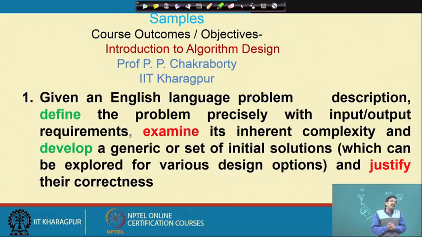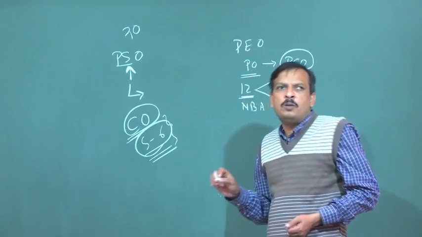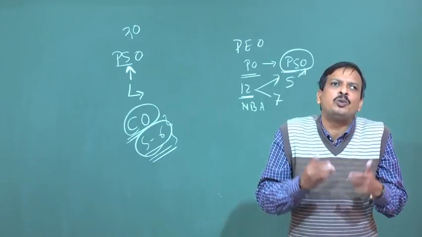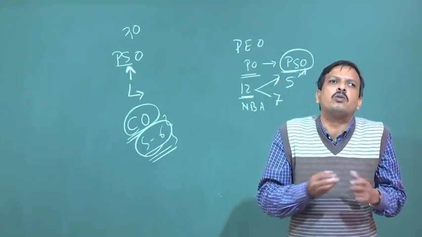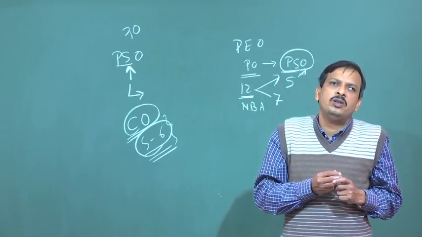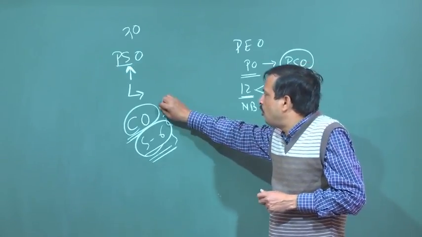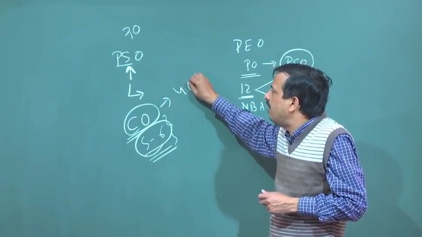So, when you are writing course outcomes, you should keep in mind 5 to 6 major takeaways by the student at the end of the course, which are achievable. Let's say the course duration consists of 40 lectures.